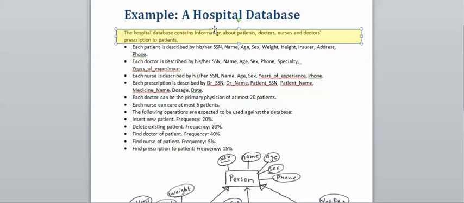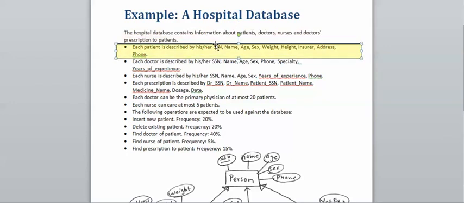So far we don't have enough information, but the first bullet talks about patients and then says social security, name, age. So now for sure we know that this is an entity and these are the attributes we're listing, and they look like single attributes.